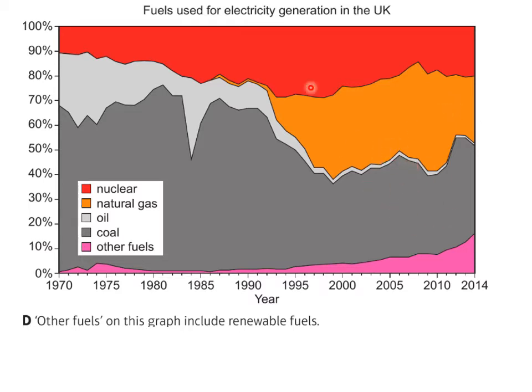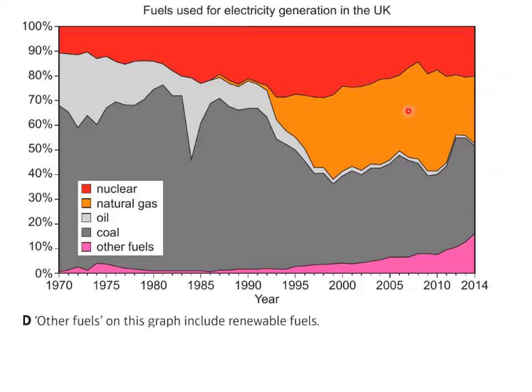The amount of nuclear has seemed to increase over the last 20 years, but it's been a little bit up and down. But I think probably if we were to extend this graph, we would see that the amount of nuclear energy being used in the UK will actually increase, because even though it's non-renewable, it's more sustainable because there's a lot of it left and it actually stores a lot more energy per gram of fuel than coal, oil and gas.